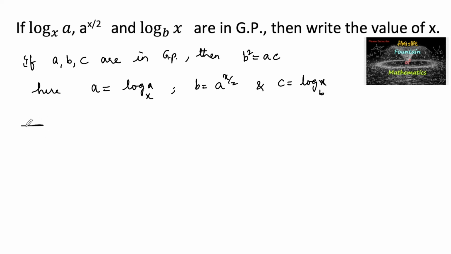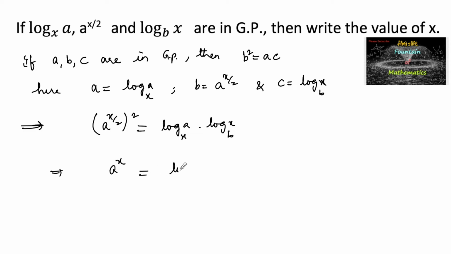Then as per the rule, since they are in geometric progression, we can write b squared, that is a to the power x by 2 whole squared, equals a into c, that is log a to the base x into log x to the base b. On simplifying, a to the power x by 2 whole squared is a to the power x.